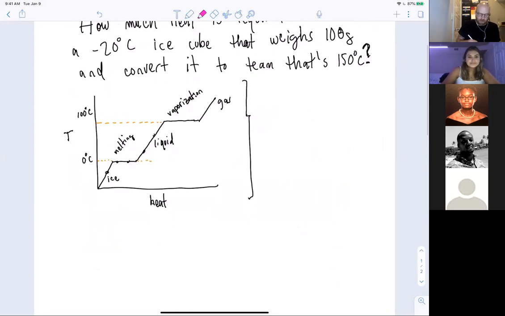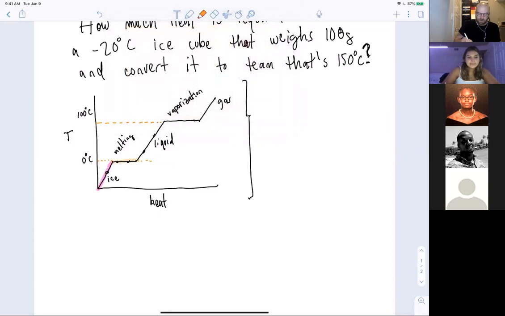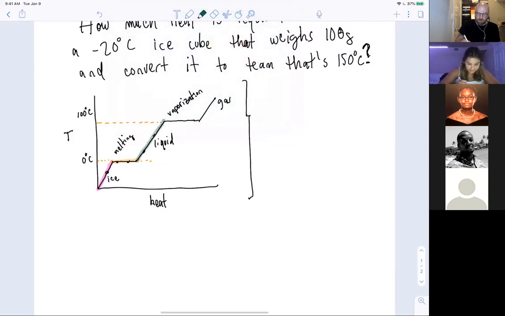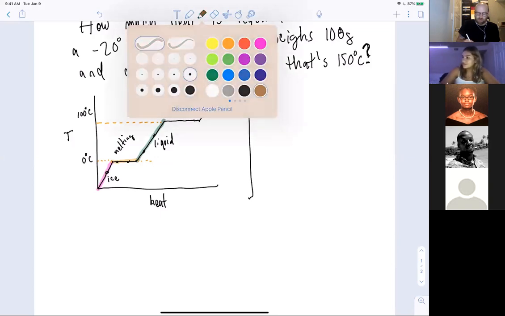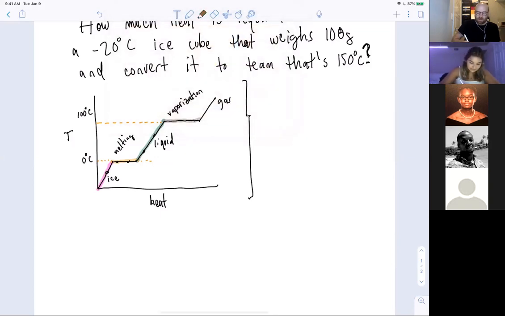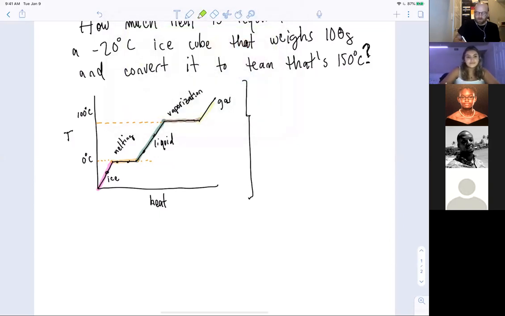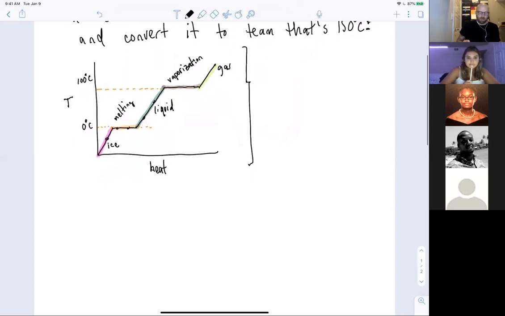Each leg of this, from here to here, then there to there, and there to there, is going to require its own separate calculation. But the calculations are similar for each one. It's not like there's some separate equation you have to whip out for each of these. You just have to make sure you're plugging in the right values.